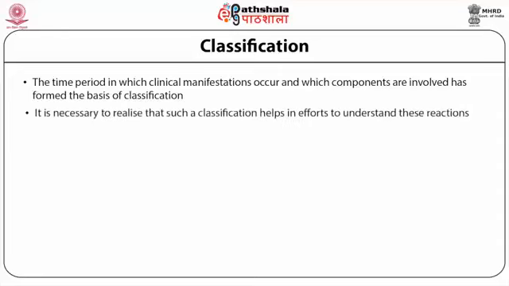It is necessary to realize that such a classification helps in efforts to understand these reactions. In reality, in any case, more than one type of hypersensitivity can be involved.